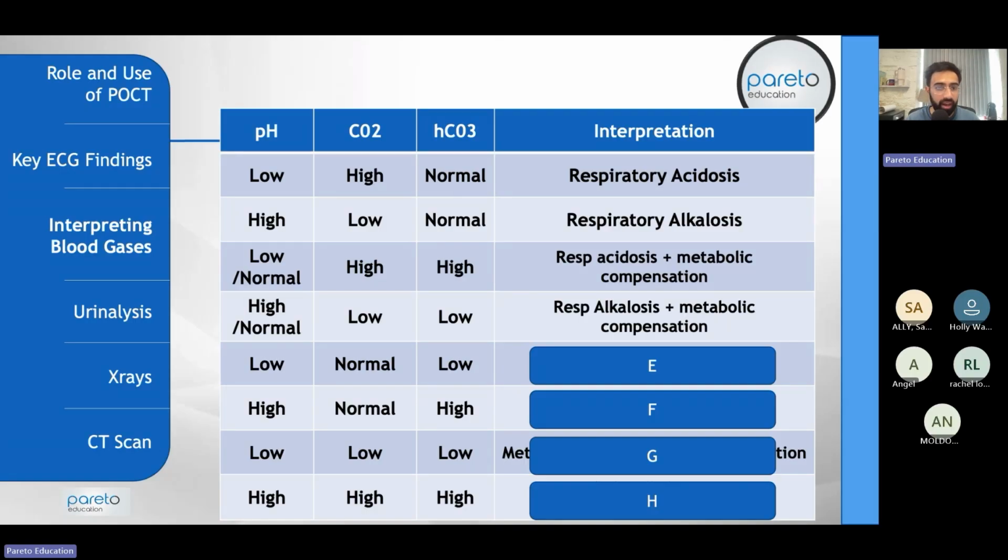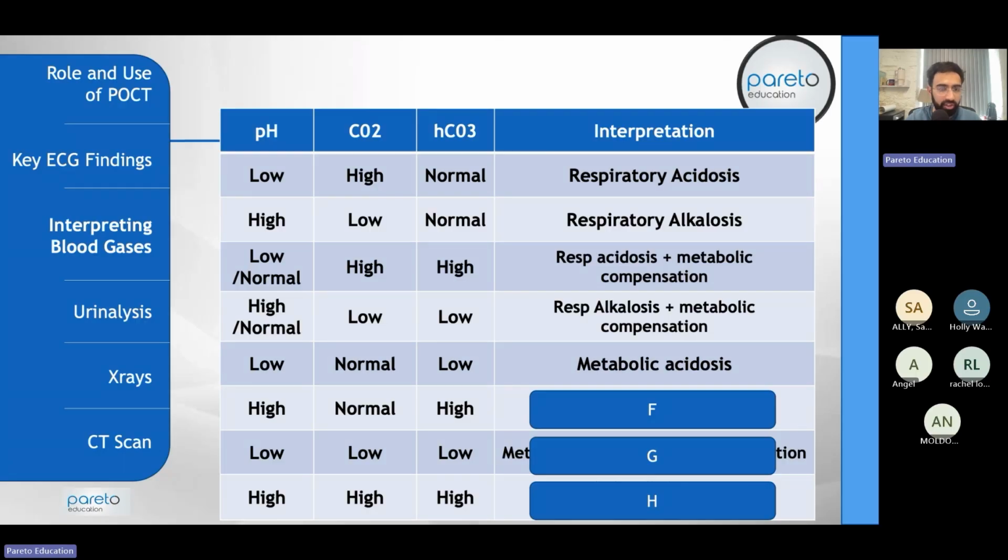So I'll go to the next one. Low pH with a normal CO2, but a low HCO3 would give you metabolic acidosis, no doubt.